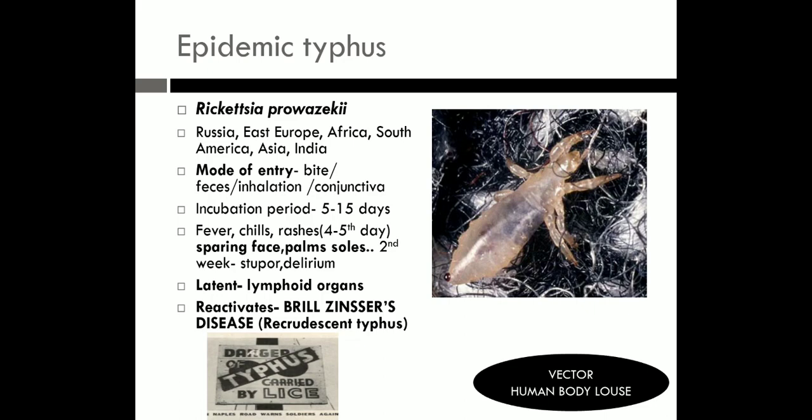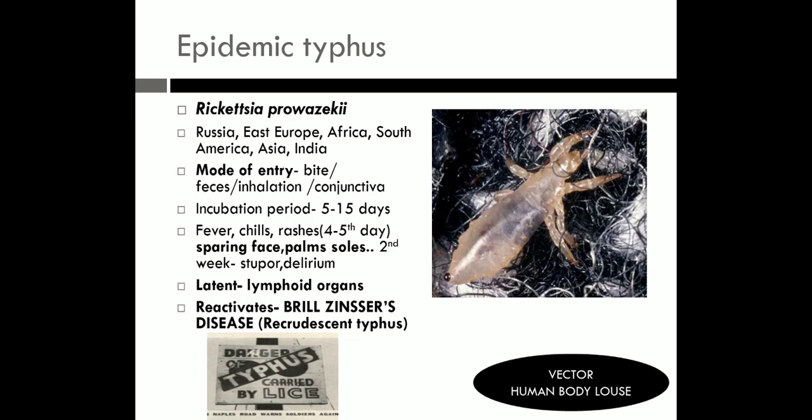These rashes usually begin on the upper trunk and then become generalized. However, classically we should note that the rashes do not affect the face, palms, and soles. So, this is the differentiating feature of rickettsial infections from the other infections that cause fever and rashes. Please remember this particular point.